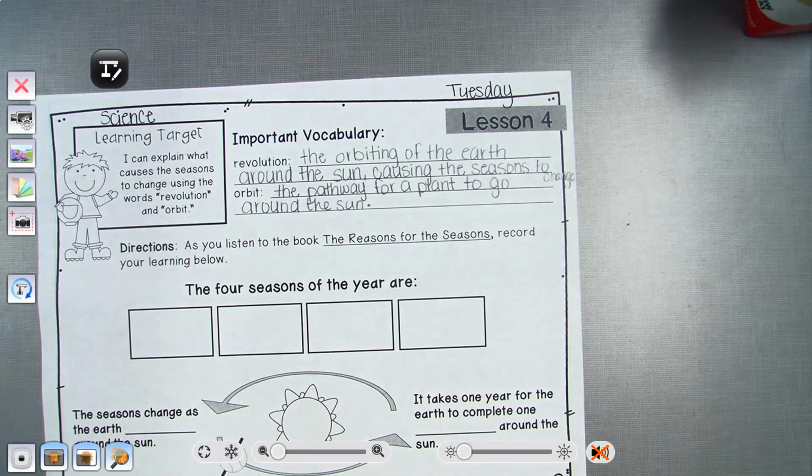Okay, so remember at any time, guys, you can stop the video to continue or finish writing. Okay, and so what we're learning today is what causes the seasons to change using the words revolution and orbit.